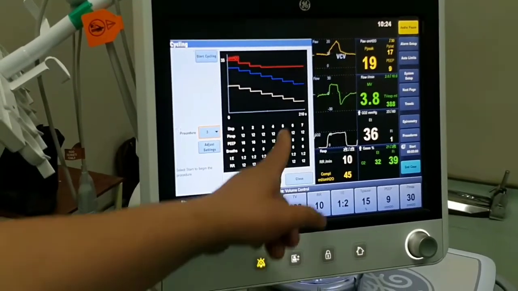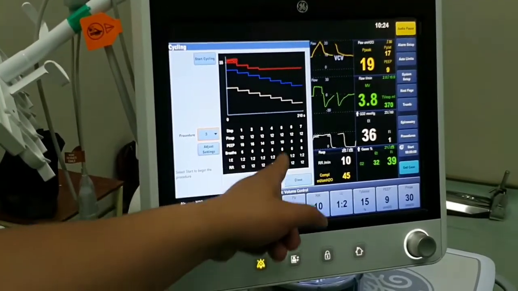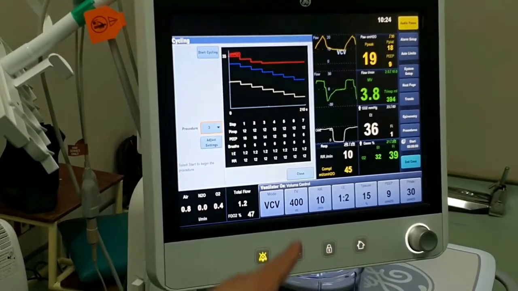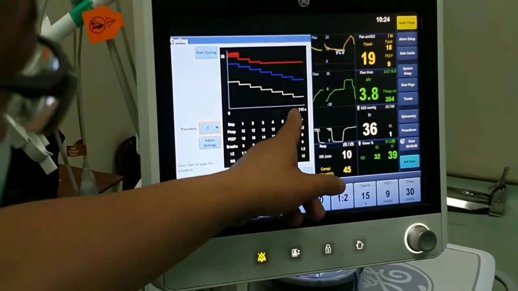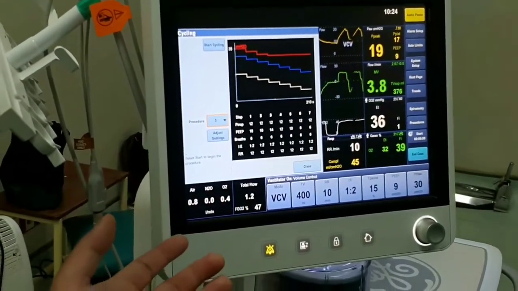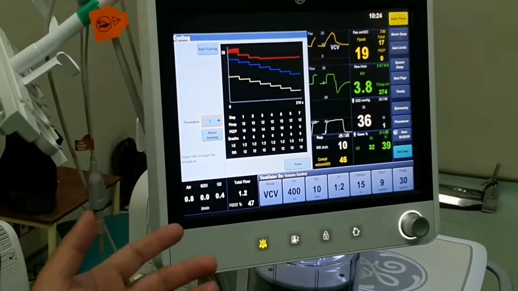So the point where the compliance is the highest corresponds to the patient's optimal PEEP. If it happens at a PEEP of 10, for example, we add 1 or 2. So the patient's final PEEP setting will be 11 to 12.